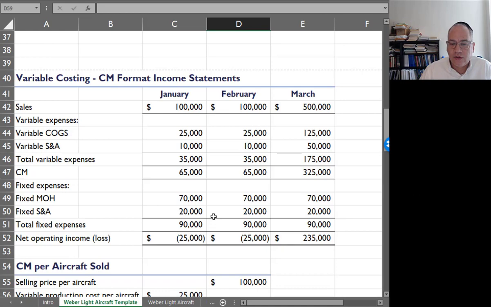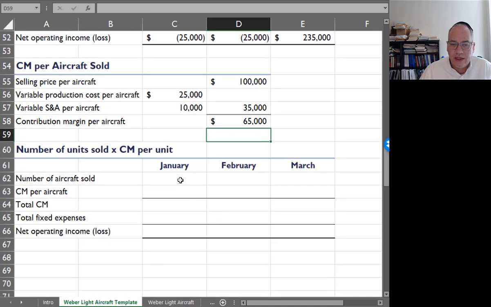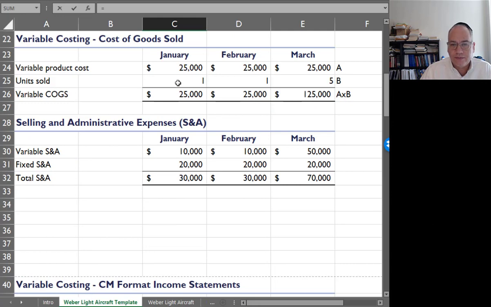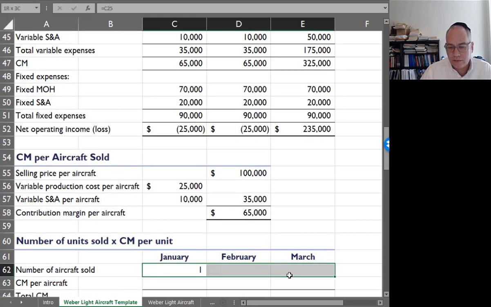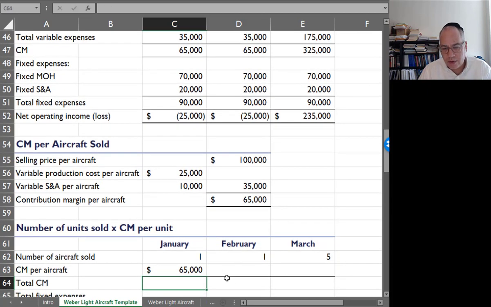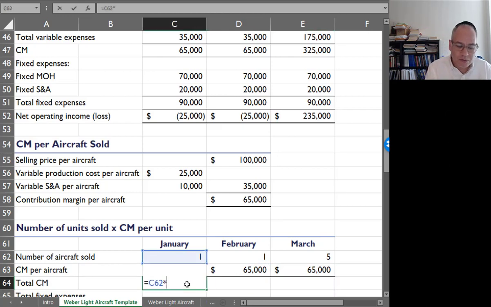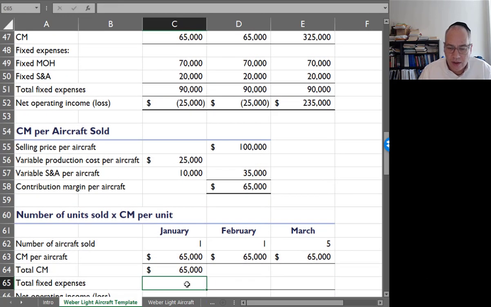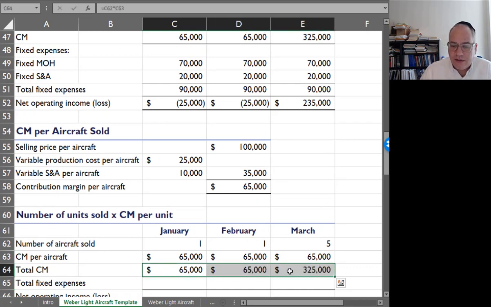So if we don't want to do this whole big complicated income statement up here, we can actually do something much simpler down here. And that is take the number of aircraft sold, multiply it by the contribution margin per aircraft, and I get total contribution margin each month: $65,000 in January, $65,000 in February, and $325,000 in March.